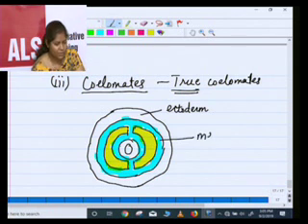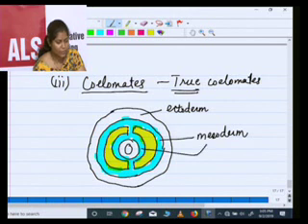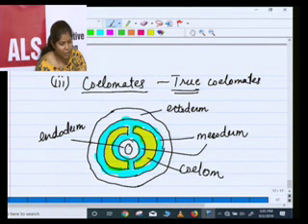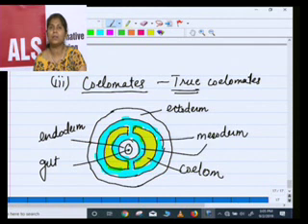Done. So this was mesoderm. This was also mesoderm. This was coelom. This was endoderm, and this section was what? This was gut. Clear? So this diagram is clear to one and all.